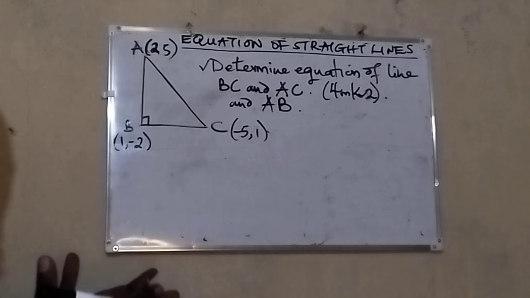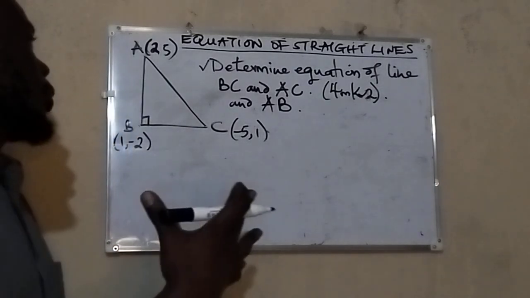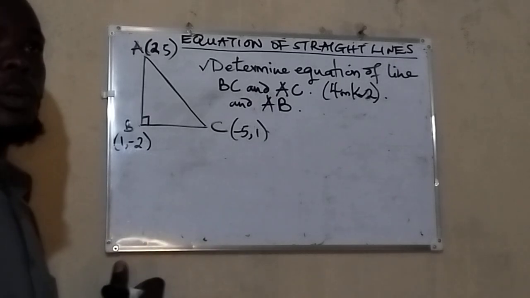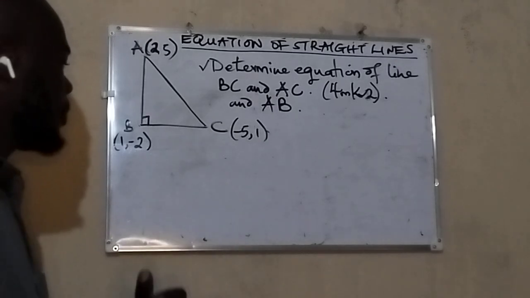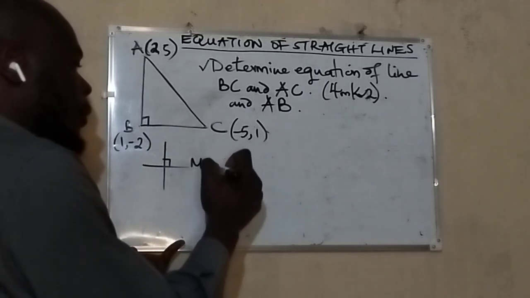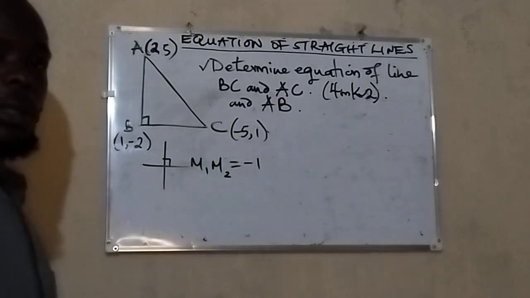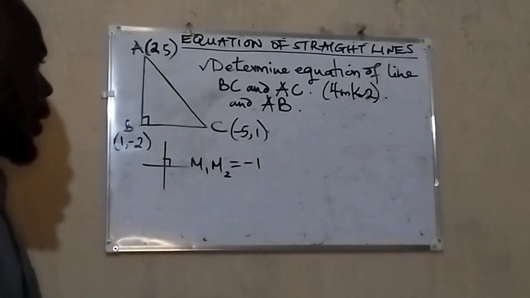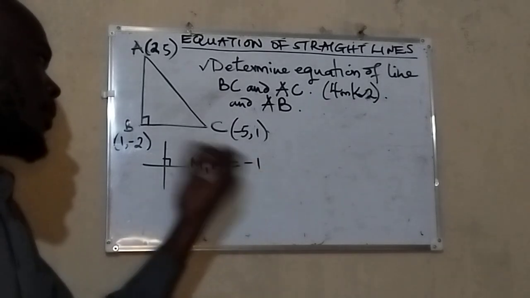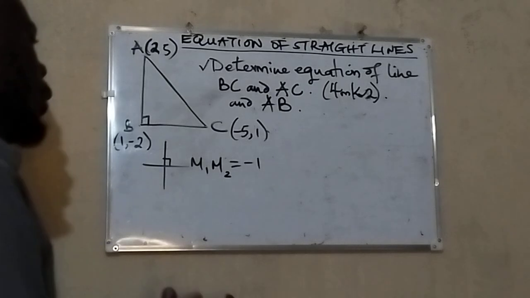So this type of question, they need you to understand parallel lines and also perpendicular lines, how their gradients relate. For perpendicular lines, when you multiply the gradient of line 1 times the gradient of line 2, it should give you -1.